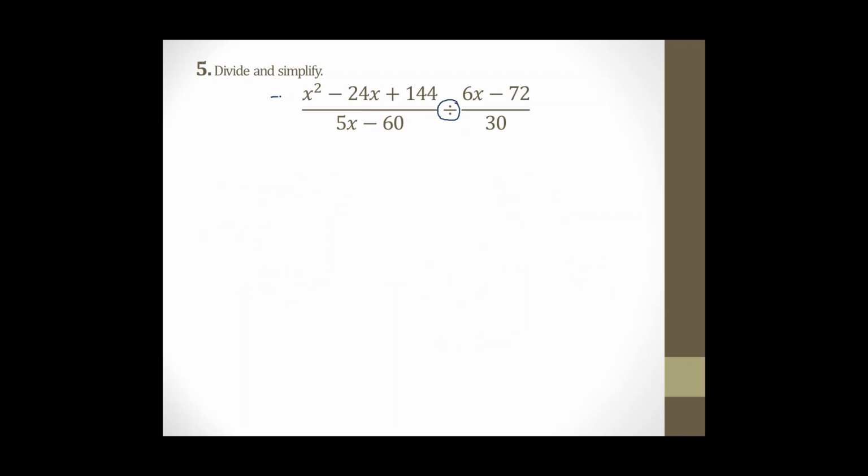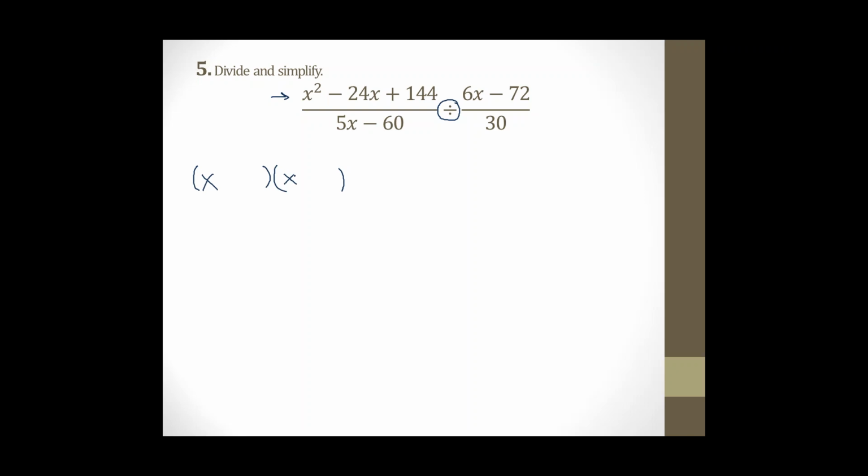So let's start with factoring this side, because we know that the first fraction stays the same. So this is a trinomial, coefficient of 1, and I see that 144 is a perfect square as well as the first term, so I can use my method of factoring perfect squared trinomials, which is writing my 2 binomials, square rooting the first term, which is an x and an x, square rooting the last term.